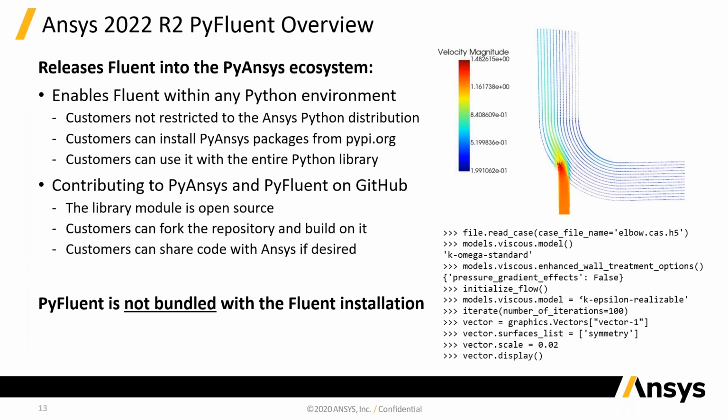Interfacing with the software, Ansys is opening up its software to Python interaction, and those are the mechanical, the Fluent package, plus they've also got their own graphics package now. That's very much the first release of PyFluent, but this is the type of syntax you're going to see to set up a problem and create graphics. You can go to the GitHub and download it and have a play, and I'm sure we'll be presenting more on this in the future.